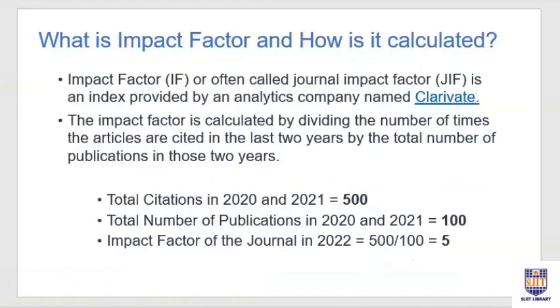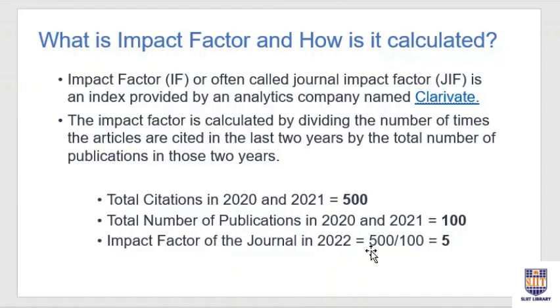Impact factor, often called journal impact factor, is an index provided by an analytics company named Clarivate. The impact factor is calculated by dividing the number of times the articles are cited in the past 2 years by the total number of publications in those 2 years. So total citations are here, and the number of publications in those 2 years in a specific area of study.